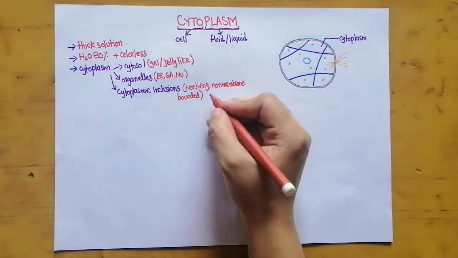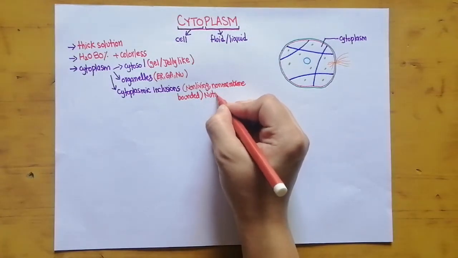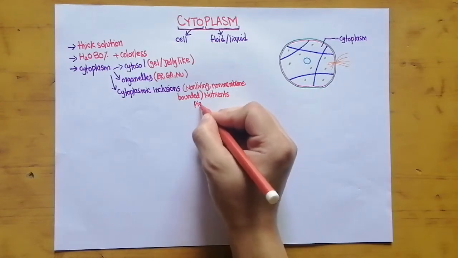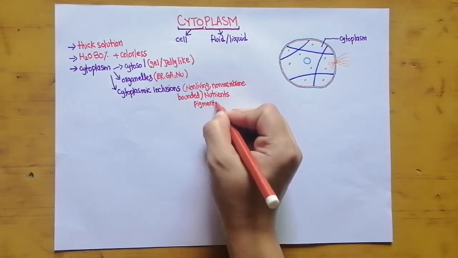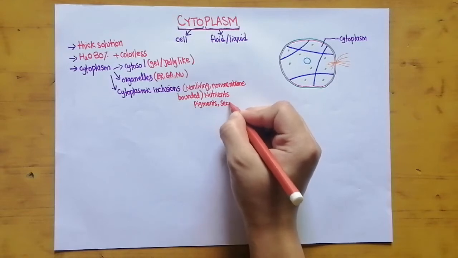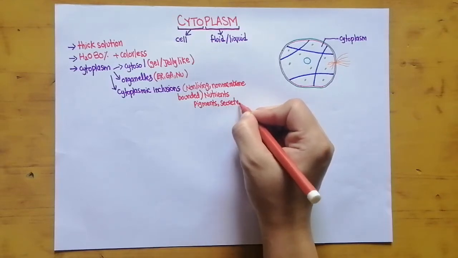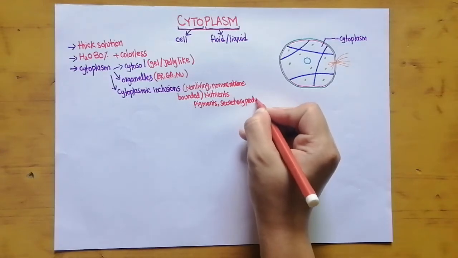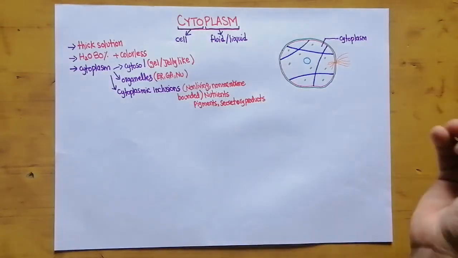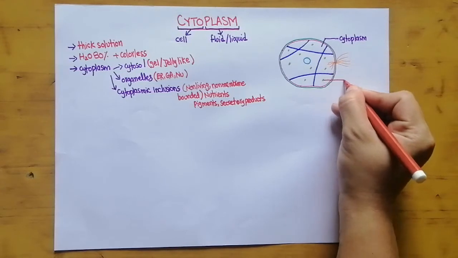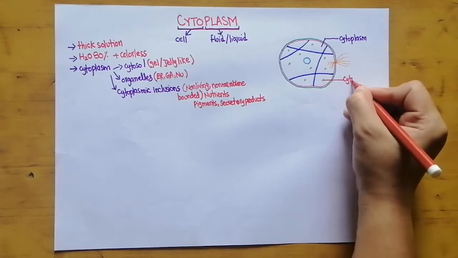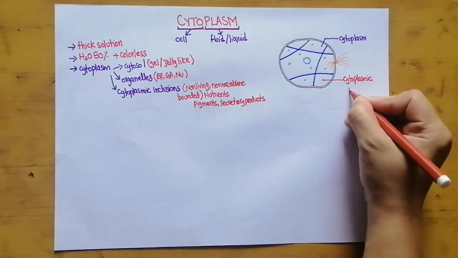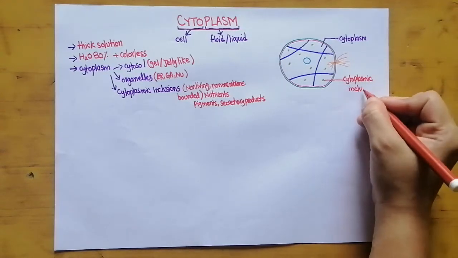They may be some part of nutrients, they may be pigments, or they may be some excretory products. Here in this green color, I have labeled cytoplasmic inclusions.